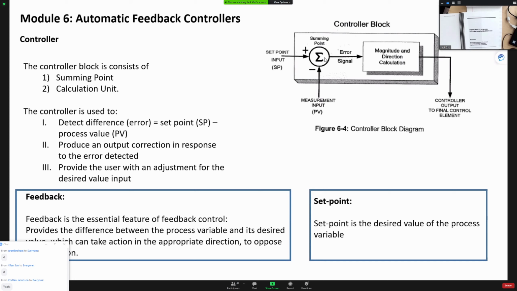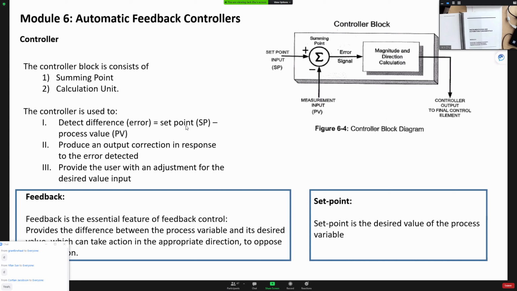It compares your set point value with the measured feedback value from the sensor, and gives out an error signal. The controller will, based on that error signal, do a calculation to send out an output signal.